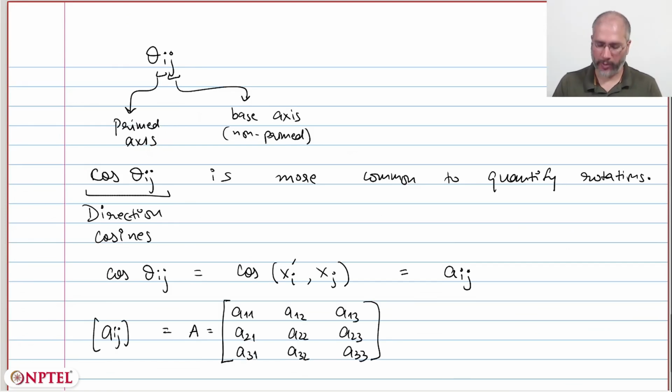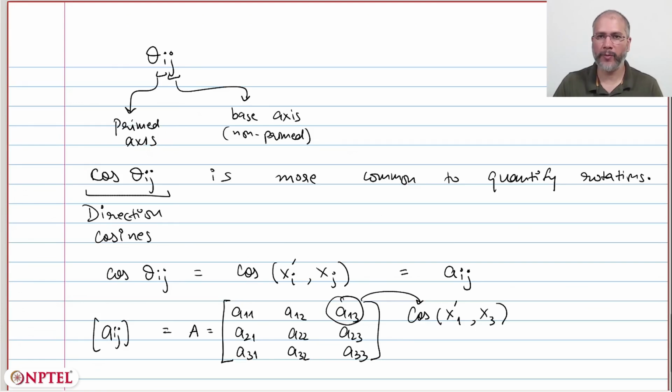So in this matrix, a capital A, which has 9 elements, small a11, a12, a13, all the way to a33. So if I pick up an element, let's say a13, so that represents the cosine of the angle between x1 prime and x3.